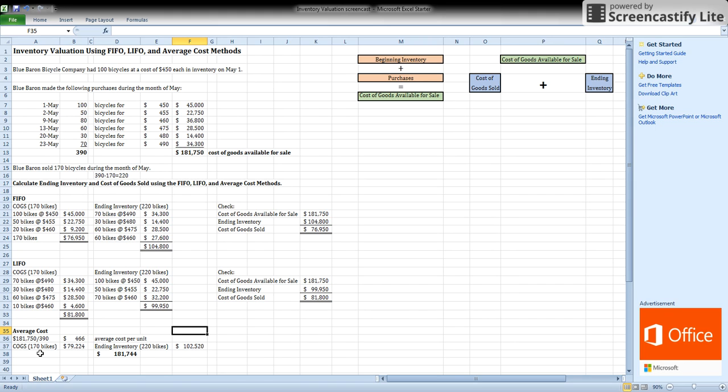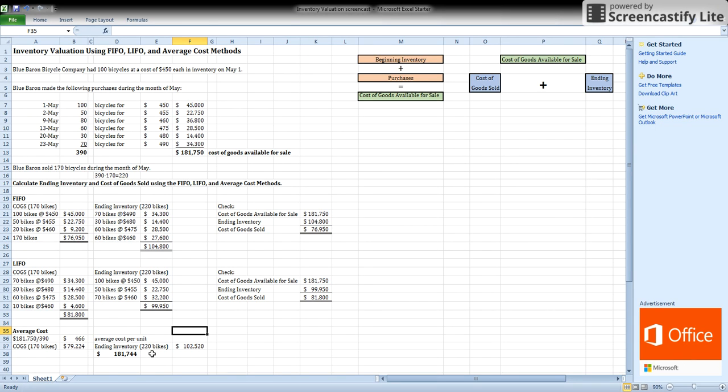If we know we have 170 bicycles in cost of goods sold, that is, we sold 170 bicycles, if we multiply that by the 466, we end up with cost of goods sold of $79,224.